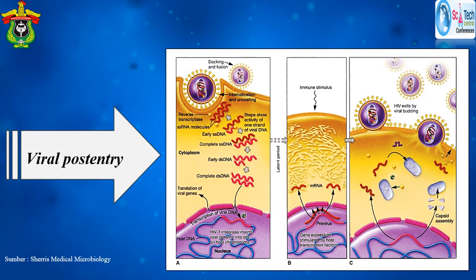The viral gene expression begins when the infected host cell becomes active. Viral DNA in the host cell nucleus is transcribed into genomic RNA and messenger RNA, which are transported to the cytoplasm.